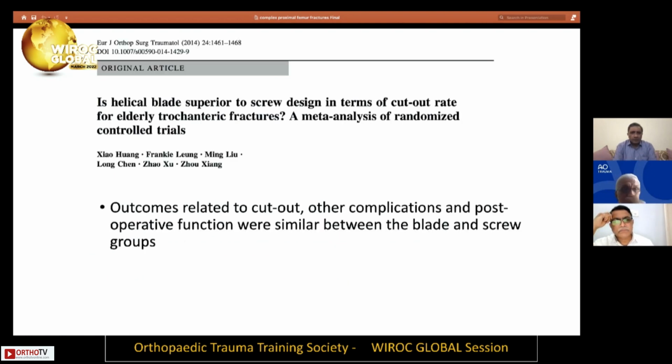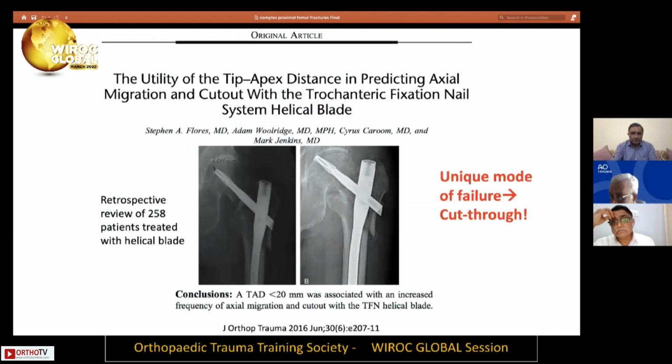But this study published in 2014 compared the outcome using either a lag screw or a helical blade, and they didn't find much of a difference as far as cutout is concerned or other complications and postoperative function, whether we use a lag screw or a helical blade.